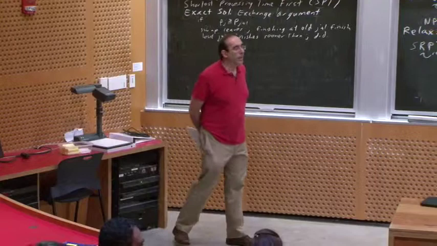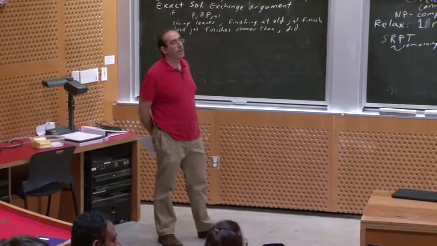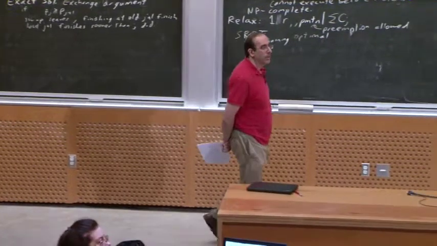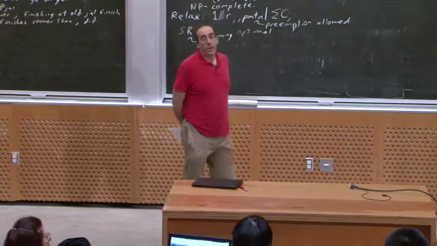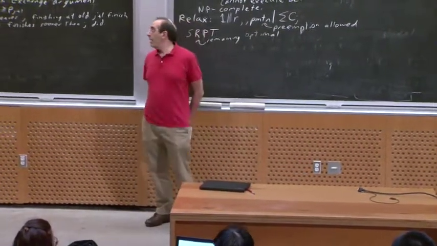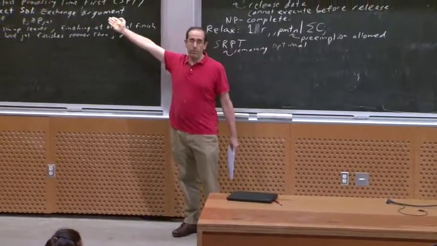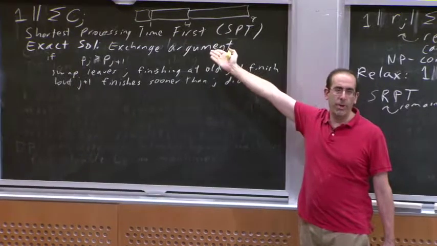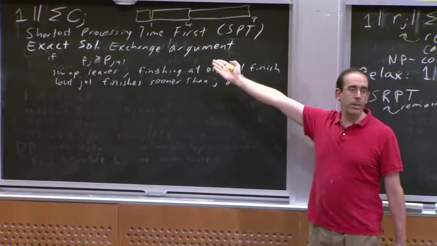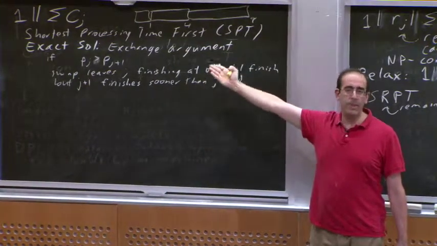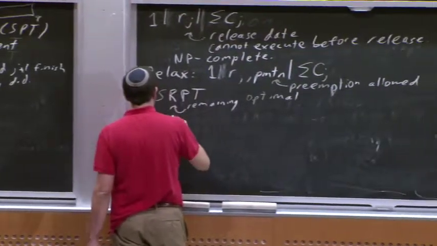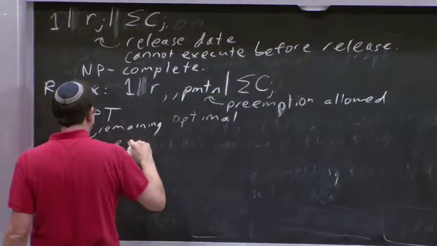If you work on a job that isn't the shortest remaining one, then might as well just work on the shortest remaining one. Good. So that's the intuition, and we have the technique available for formalizing it just as we did for this case, which is why I showed you this case, right? So we can use the exchange argument not on whole jobs, but on pieces of a job, right? So the proof is an exchange argument again.